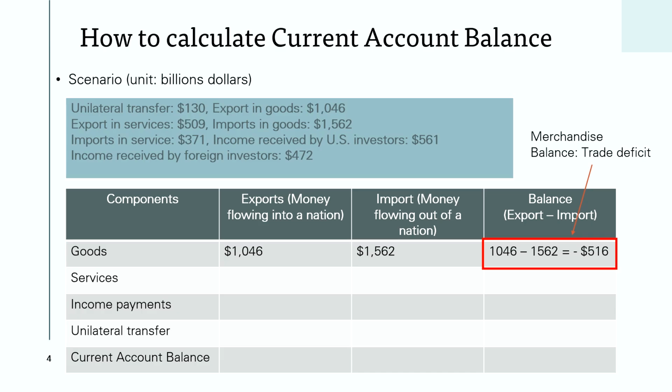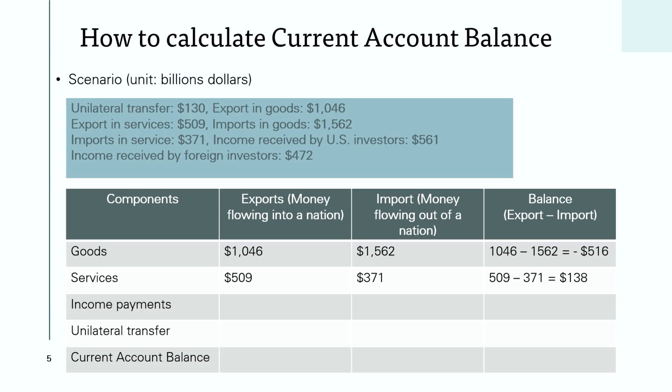To calculate the merchandise trade balance, we subtract imports from exports. This produces a negative value of $516 billion. Because imports exceed exports, the country has a merchandise trade deficit of $516 billion. At this stage, we only know the balance for goods.